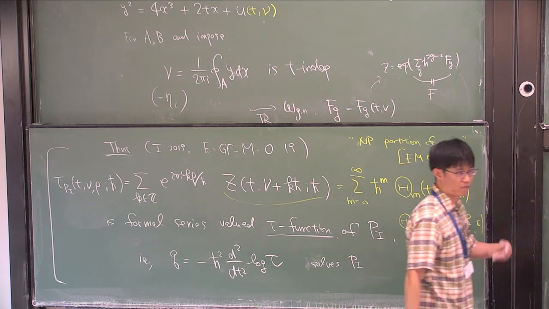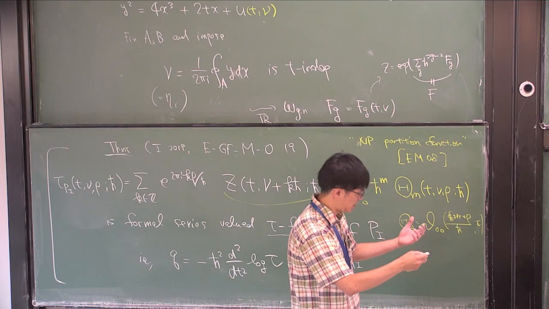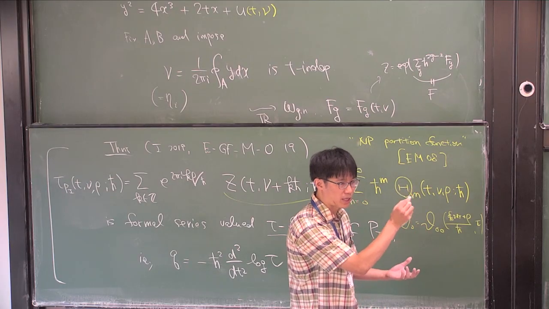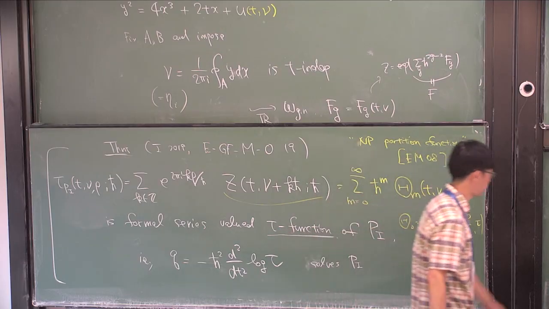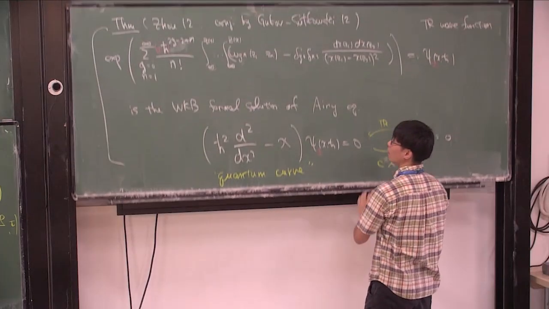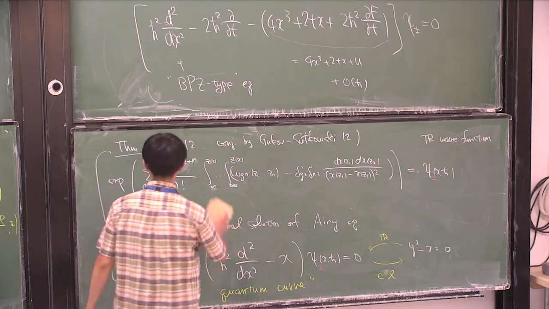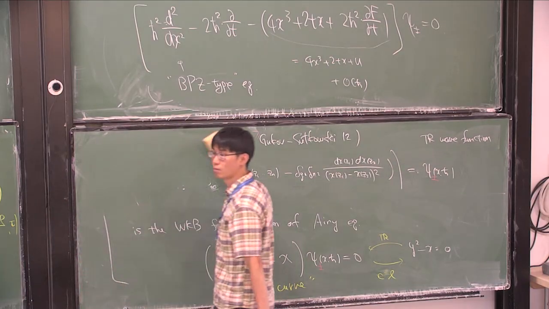Maybe you have seen some formula for the BPZ equation, which is satisfied by a conformal block with a certain degenerate insertion, and X is the insertion point. So in this sense, this psi is related to the conformal block with some degenerate insertion. But BPZ is an ODE, right?